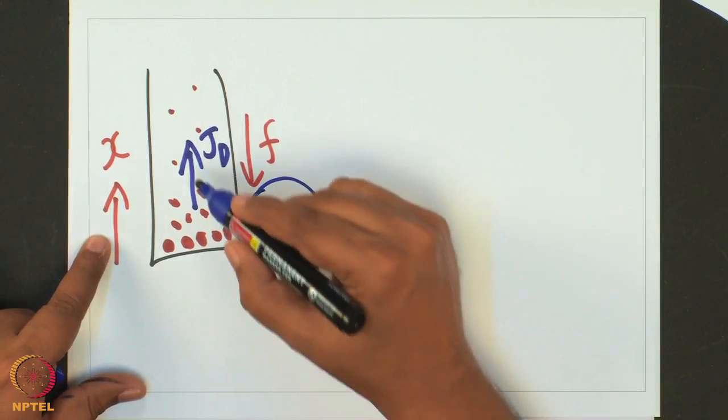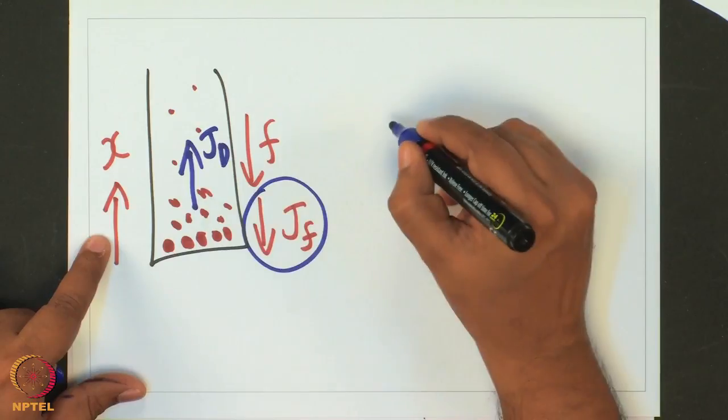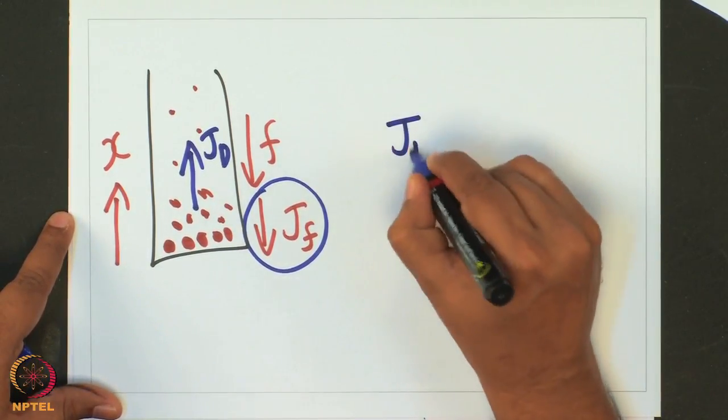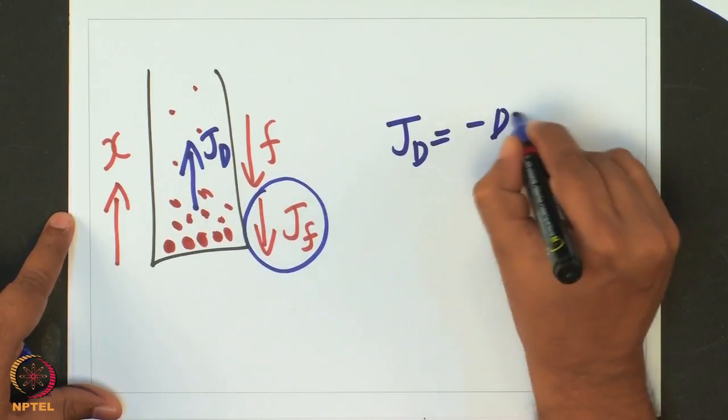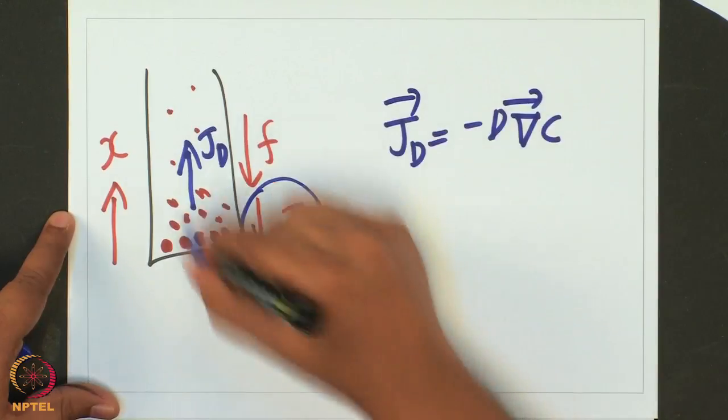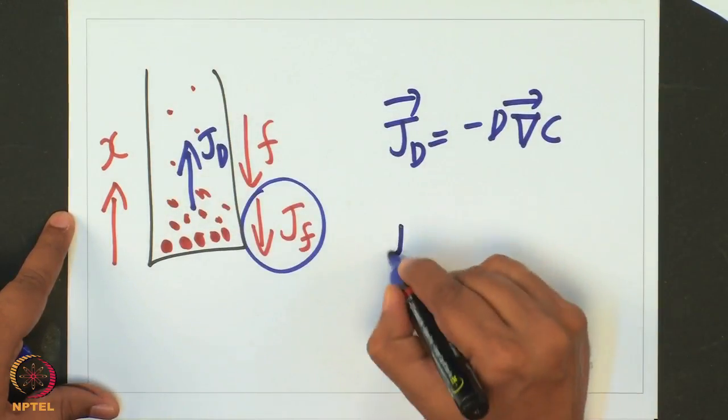So, what is the diffusive flow? The diffusive flow we know, which is written as Jd, which is minus D del C. Let us imagine this is a one dimension x.